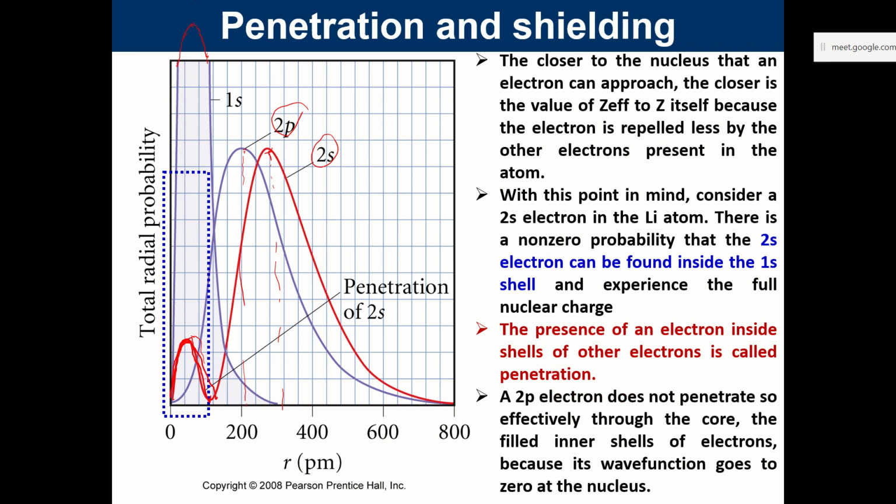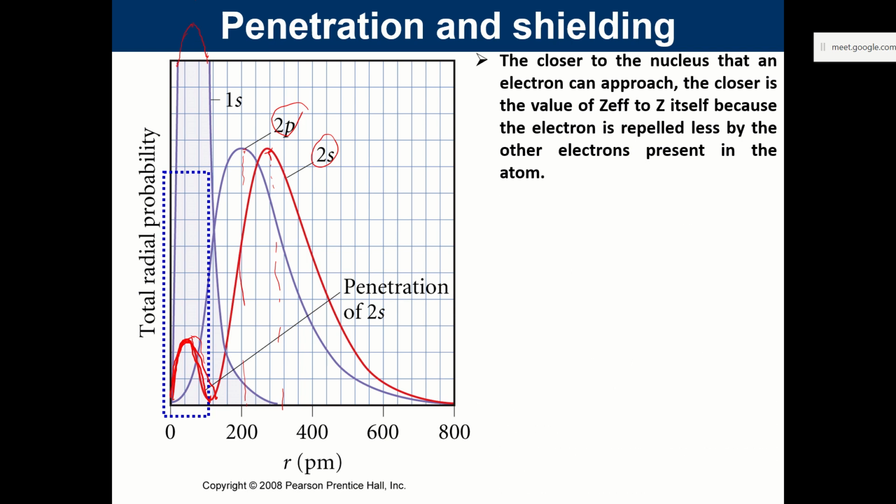So the second shell 2s electron has a finite probability of being found inside the 1s radius, within the 1s orbital. 1s का जो रेडियस डिफाइन किया है, उसके अंदर भी, so ये penetration है.